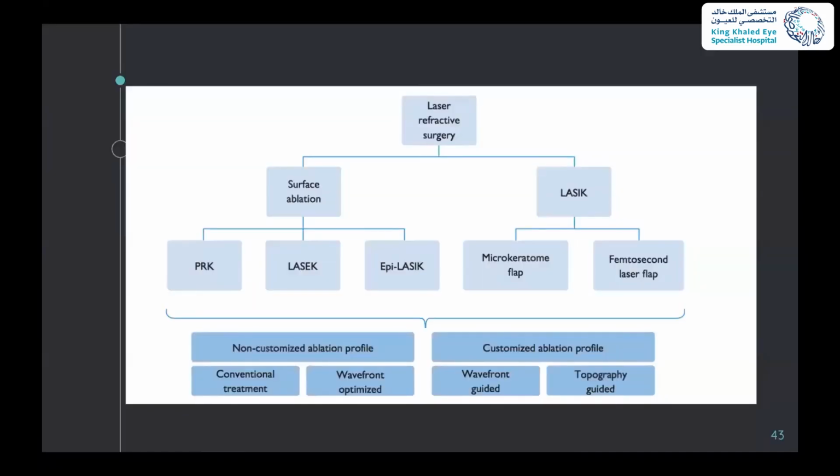So let's go back to this table where we said that we have a customized and we have non-customized way of ablation. The conventional and the Wavefront-optimized are not customized to a certain patient, but Wavefront-guided and Topo-guided are customized to each patient.